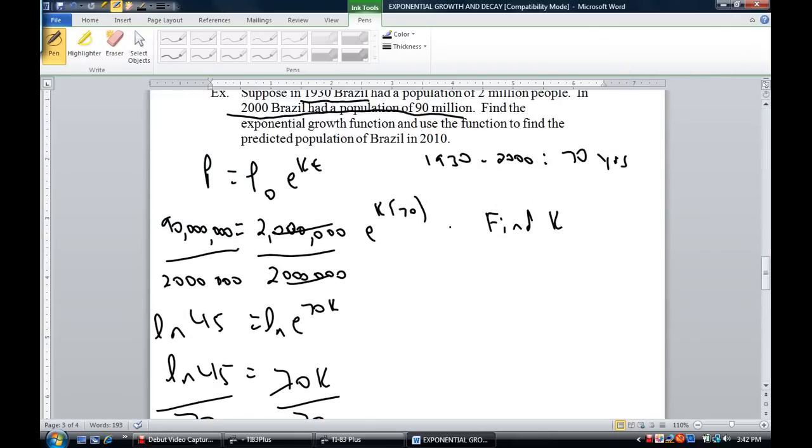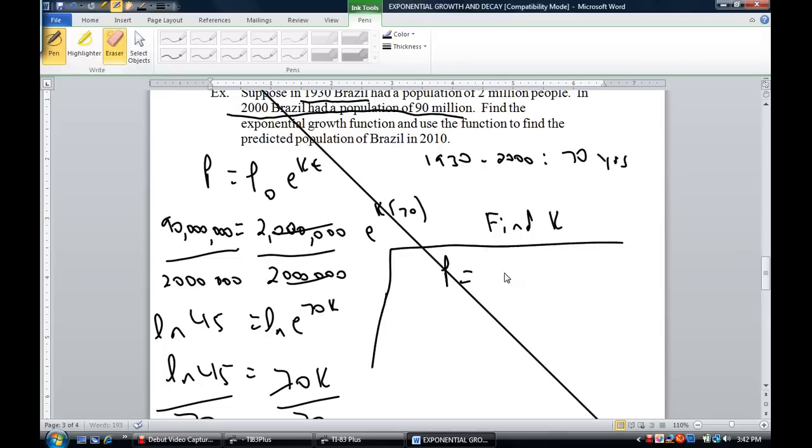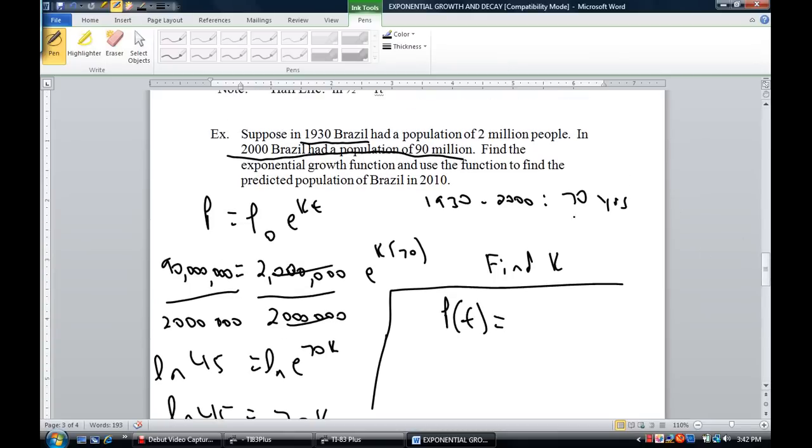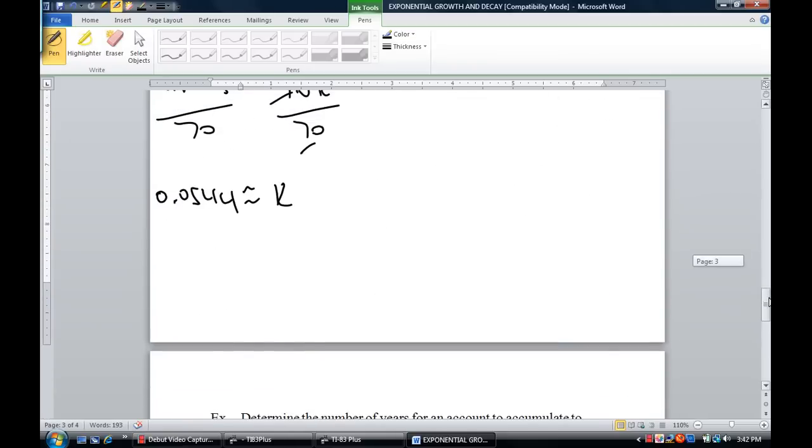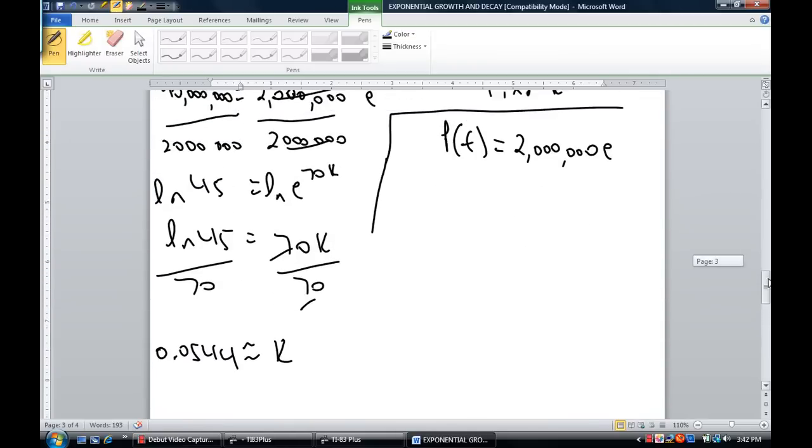Now, that means that our function is, well, I should be using P of t. P of t equals P sub 0, which is still 2 million, e to the, and we just found k, 0.0544.